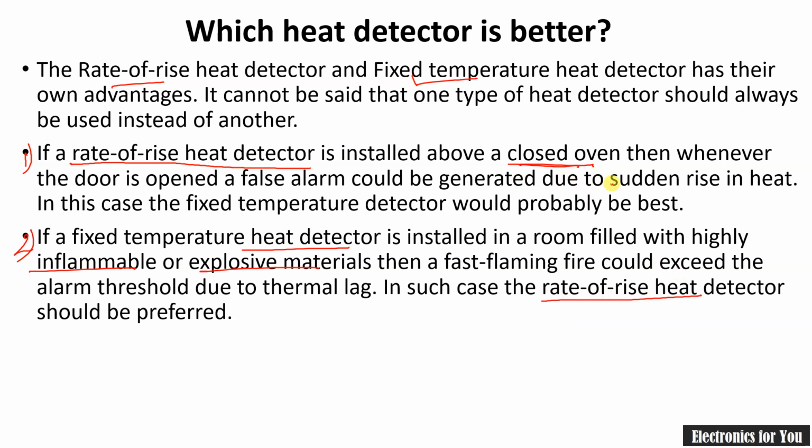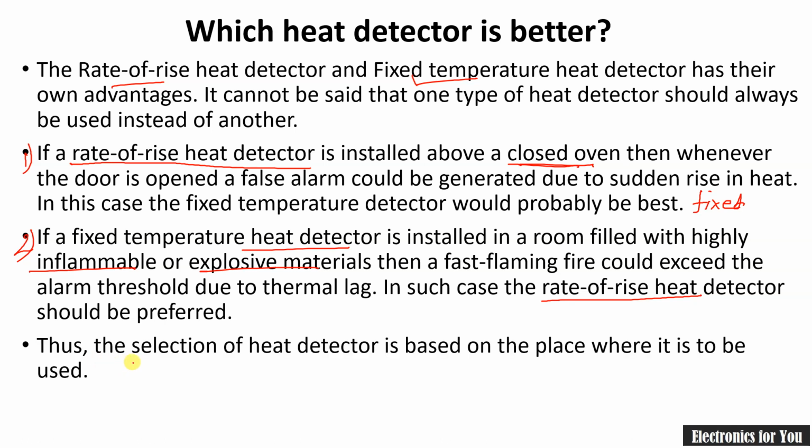So a fixed temperature detector should be installed in a room where the temperature increases suddenly, and if inflammable or explosive materials are in a room, a rate of rise heat detector should be preferred. Therefore, we can say the selection of the heat detector is based on the place where it is to be used.